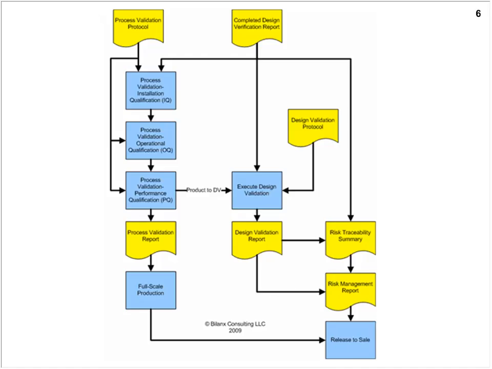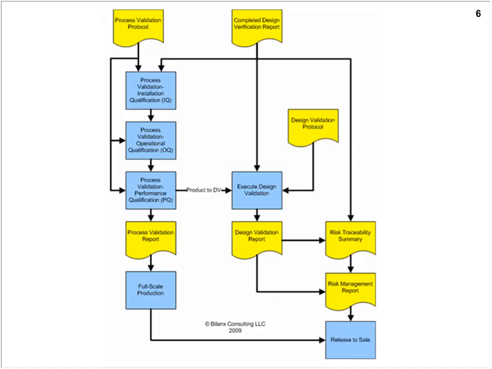So we have those two documents, and we go over towards the left to the series of blue boxes there. We have process validation. The first step is installation qualification, and that requires, of course, the successful completion of design verification and the protocol that we're going to follow in order to accomplish our process validation.